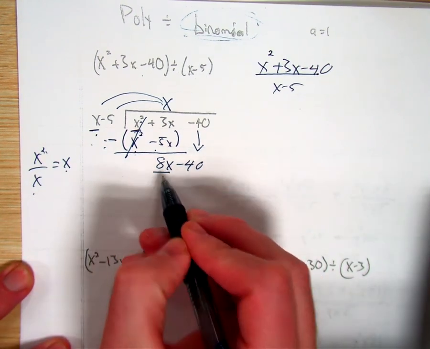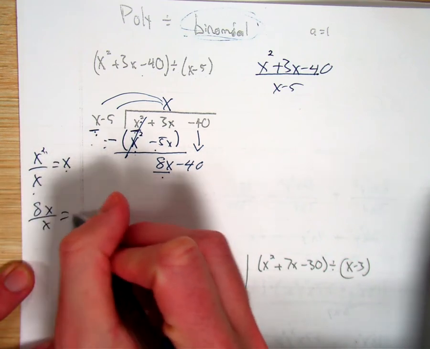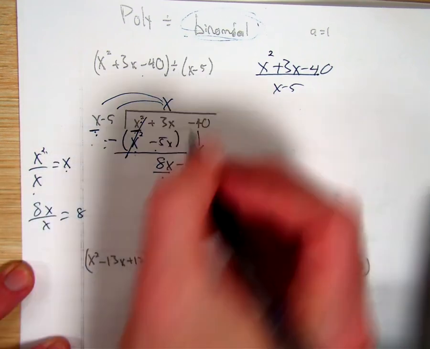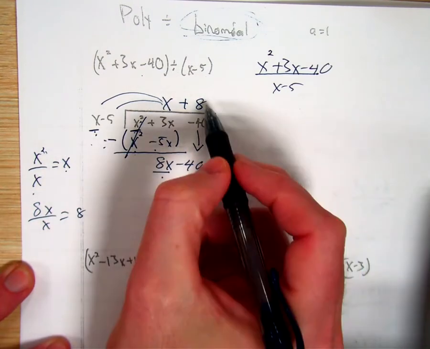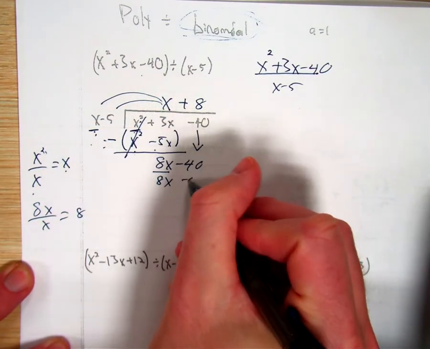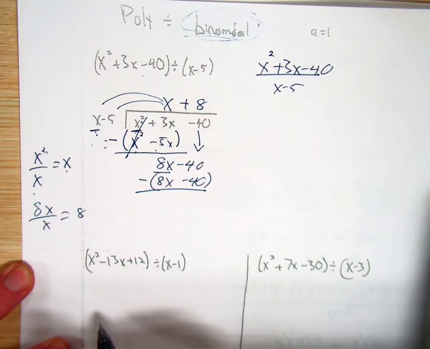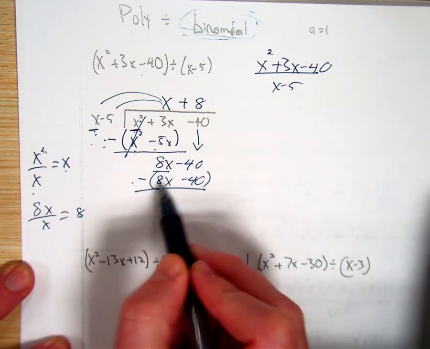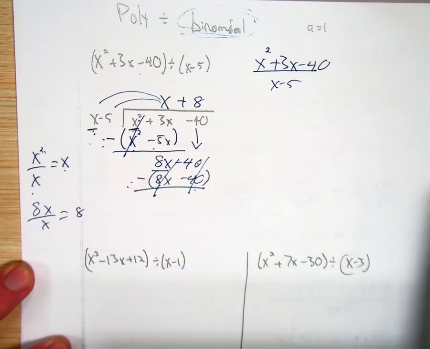Compare the fronts. 8x to x equals a positive 8, so we're going to put a plus 8, multiply it back, 8 times x, 8 times negative 5, subtract down. 8x minus 8x cancels out, negative 40 minus negative 40 also cancels out, perfect answer, no remainder.